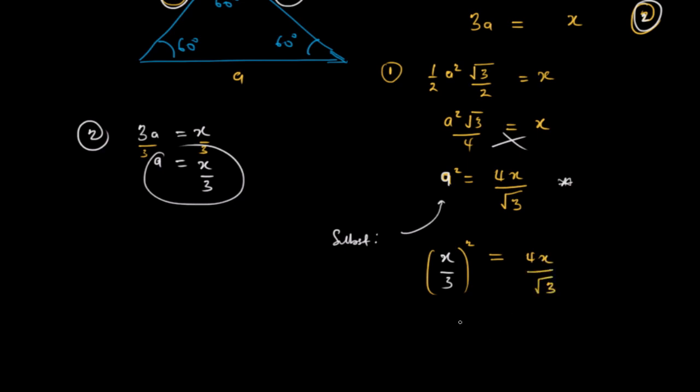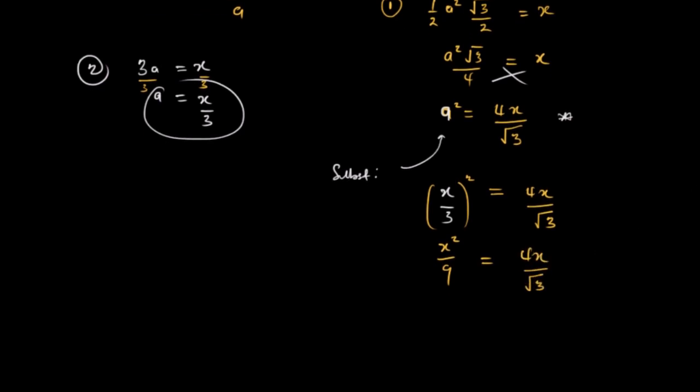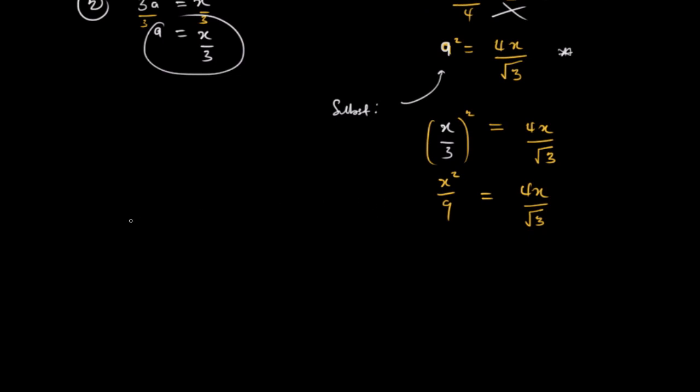When you square this, you have x squared divided by 9 equals 4x divided by root 3. You can bring this to this side, so you have x squared divided by 9 minus 4x divided by root 3 equals 0. This is what you obtain.